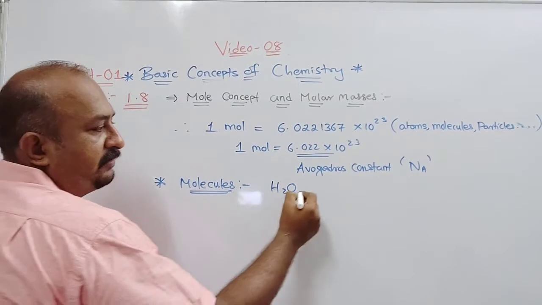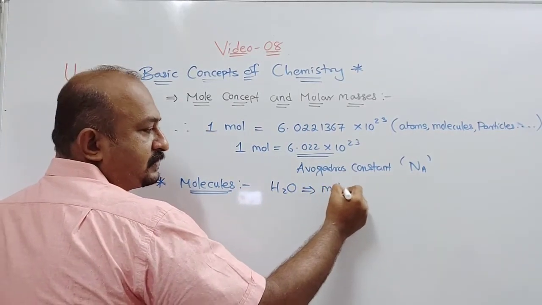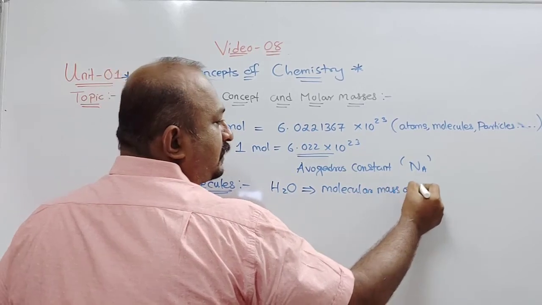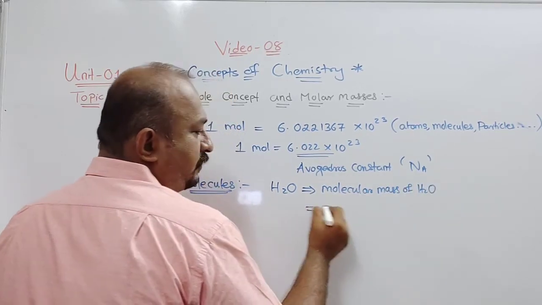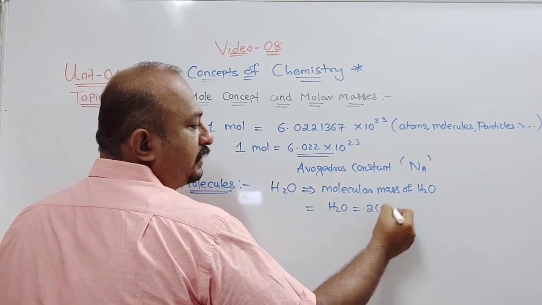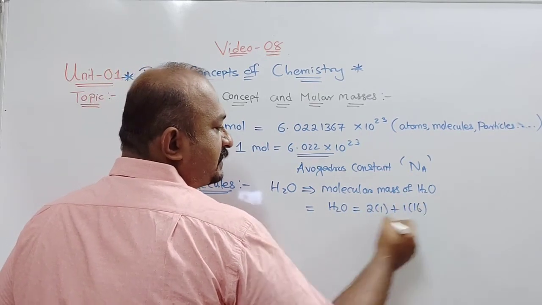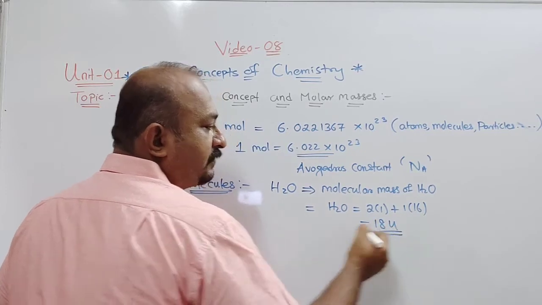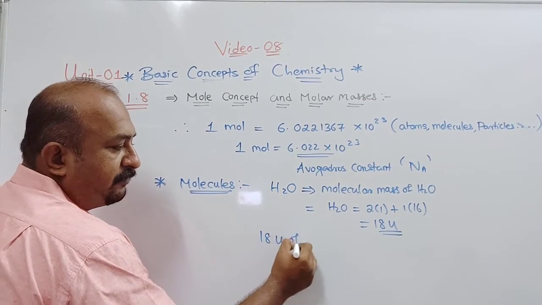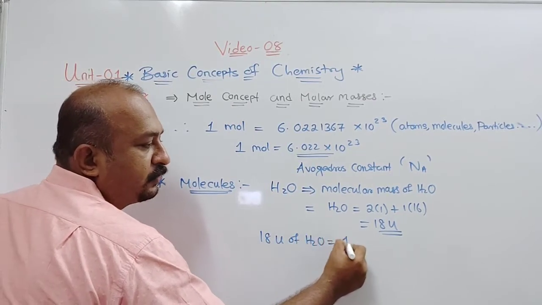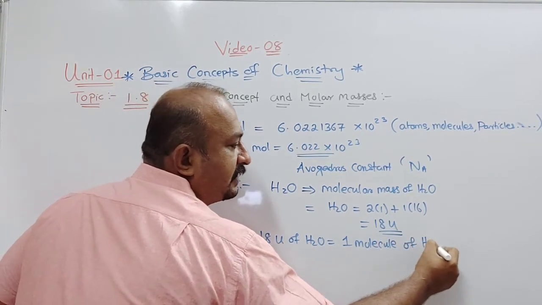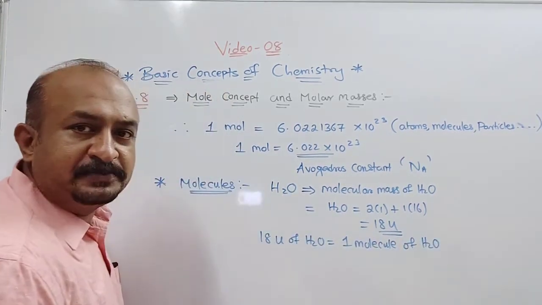So if I find the molecular mass of water, H2O, that is equal to 2 into 1 plus 1 into 16, that is equal to 18 U. Understood? So 18 U of H2O is equal to 1 molecule. It contains only 1 molecule of water.